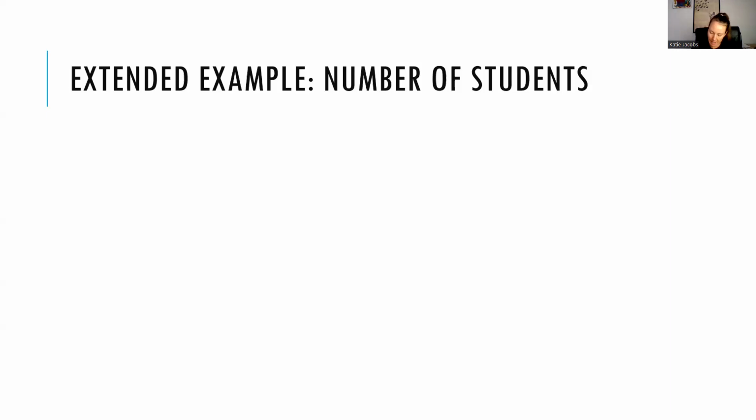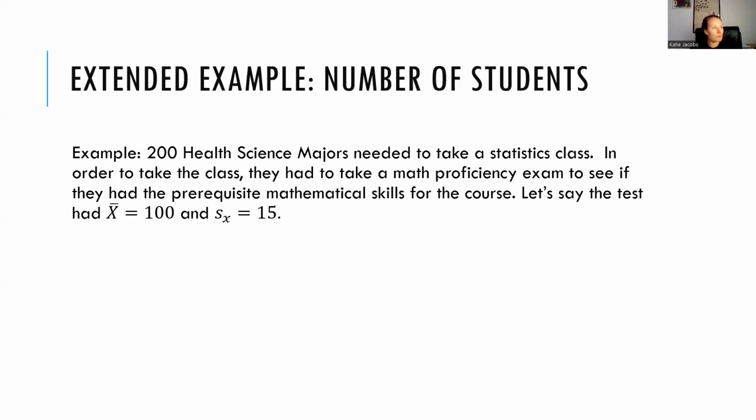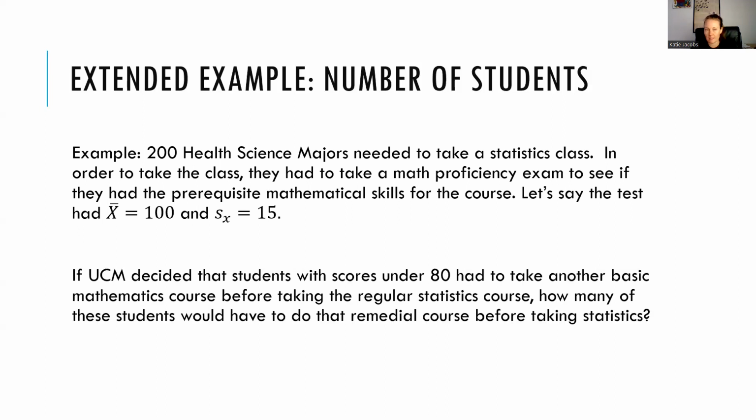So we take 80 minus 100, which is going to be negative 20, divided by 15. And what we're going to see with this is that when we take negative 20 divided by 15, we have a Z-score equal to negative 1.33.